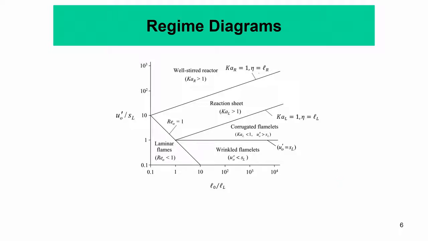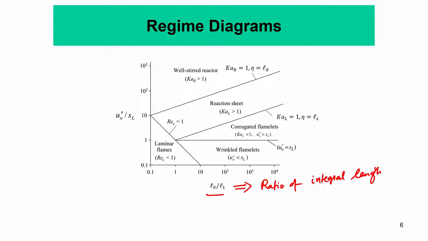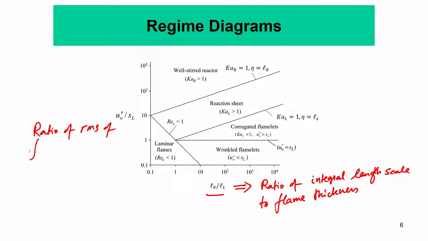like a regime diagram. So, we put L0 by LL, that is the ratio of integral length scale to flame thickness, on the x axis, and we put the ratio of RMS of fluctuating velocity to the flame speed on the y axis.